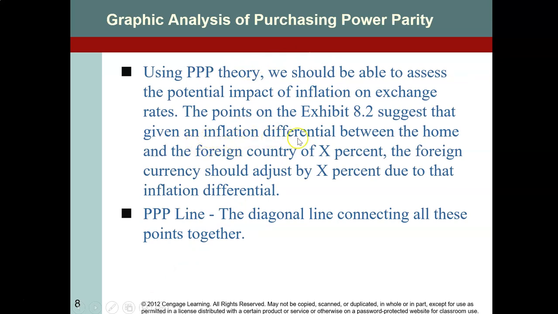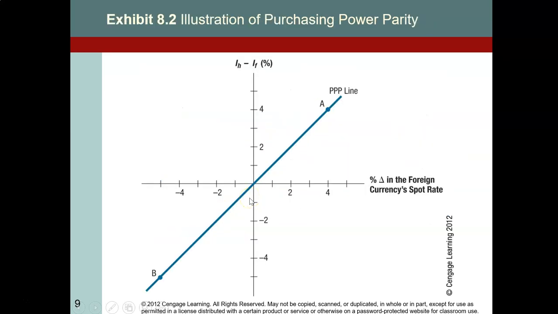With an inflation differential between the home and the foreign country of X%, the foreign currency should adjust by X% due to that inflation differential. So if the difference between the two inflation rates is, say, 4%, then there's also a 4% change in the foreign currency's spot rate.